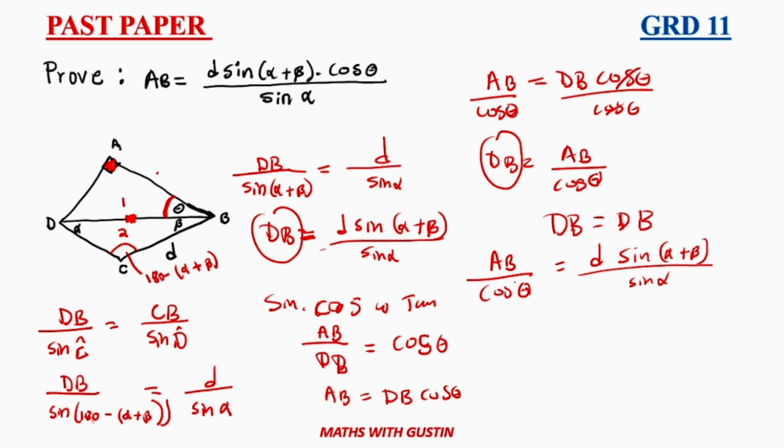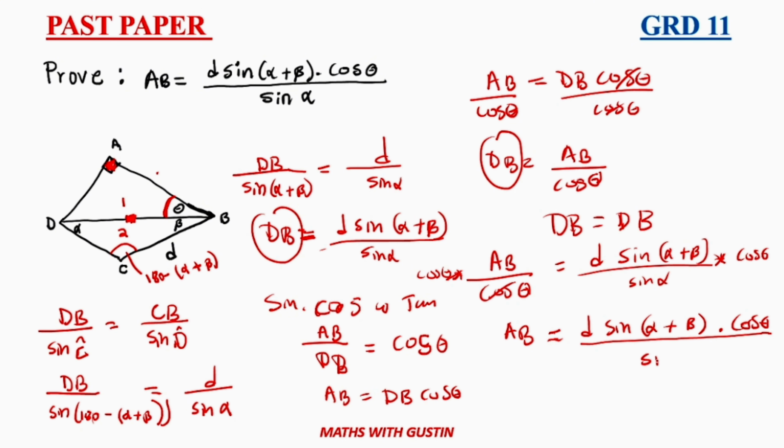Therefore, we just multiply both sides by cos theta. Cos would cancel out, and therefore AB, Danko, you have just proven it, is equal to D sine theta plus beta multiplied by cos theta all over sine alpha.